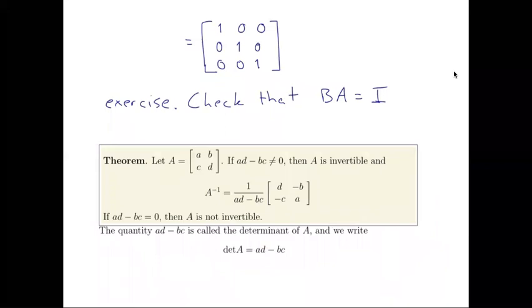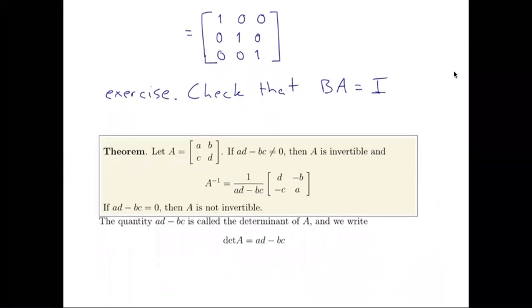So how does this formula come about? Why does it work? I won't go through all the details of the proof. That is an exercise in the textbook, but one thing I can show you is this. If we took the matrix A and put it into row echelon form, well, the first thing we do is divide the first row by a, right?